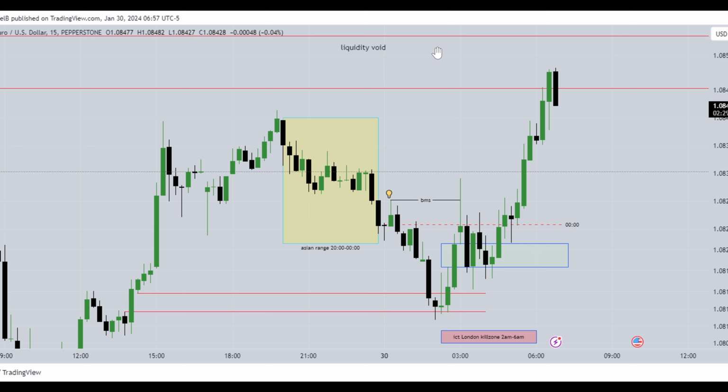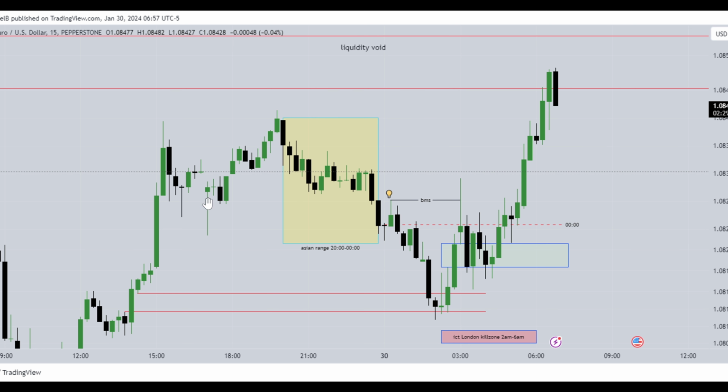Which I'll explain more in the coming sessions, but today I'll be touching a smaller portion of the liquidity void, because someone may ask me, how far can we go above this Asian high?